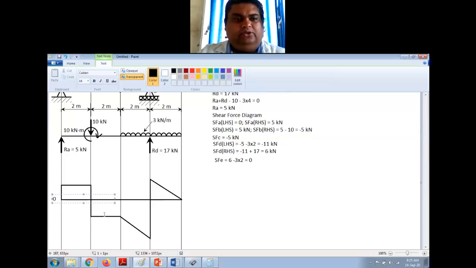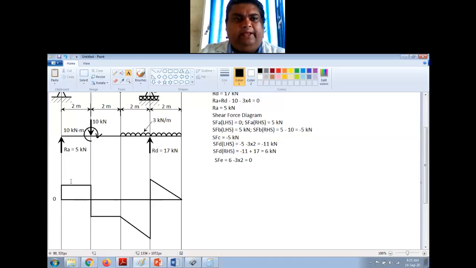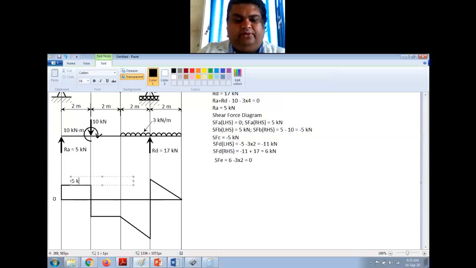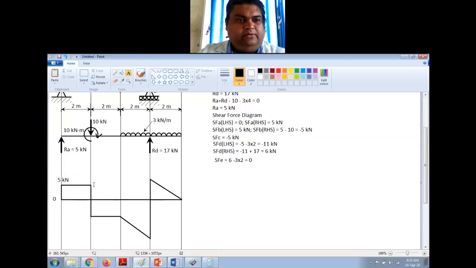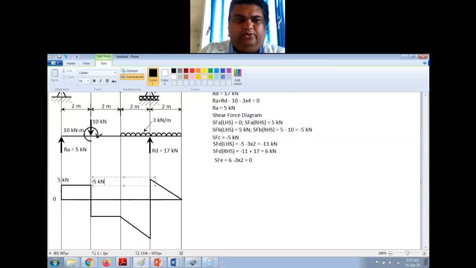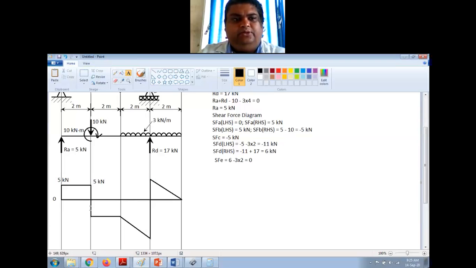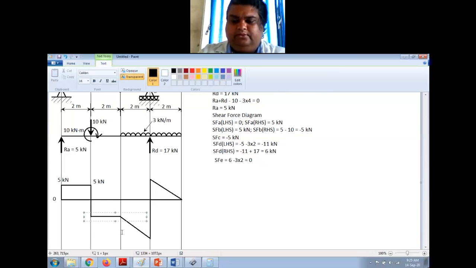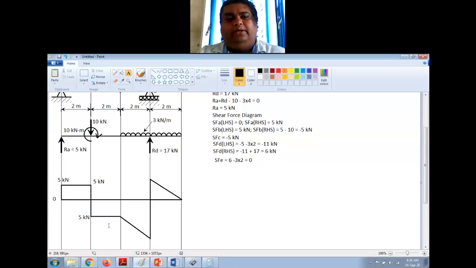Now just write all the values here. So this is 0, it is starting from 0. This is 5 kilonewton, right? And I get both the points. Here also it is 5 kilonewton, and here it is how much? Minus 5. This is again 5 kilonewton. See, in the SFD and BMD, for the SF and BM that you are marking, do not give the sign, because here I am going to show the sign.